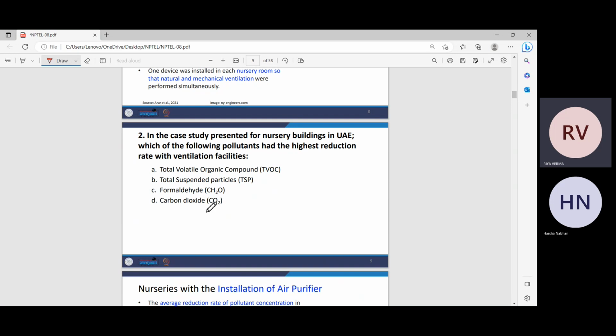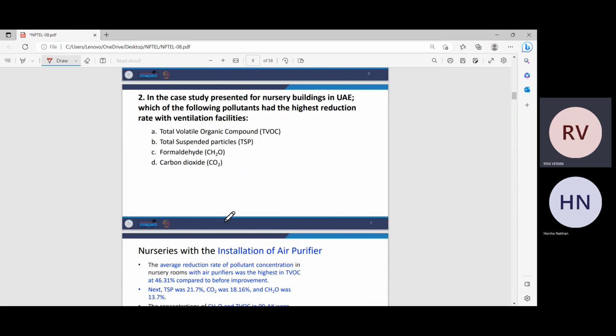So, in the three classrooms which had a new ventilation facility installed, among all these four pollutants, the highest reduction was observed in the case of: we have the four options as VOCs, suspended particles, formaldehyde, and CO2. Among all these four, the highest reduction with respect to the new ventilation facility.